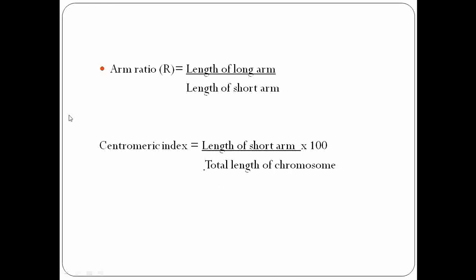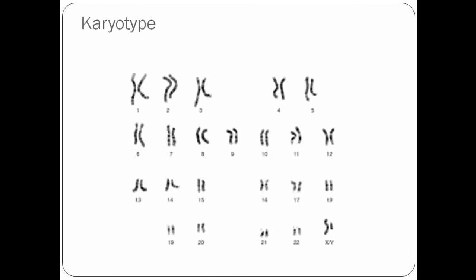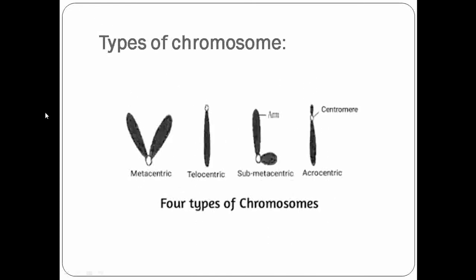So after calculating the centromeric index, you will get an idea about which type of chromosome it is. Now see, which type of chromosome it is means what? See that there are 4 types of chromosome depending upon the attachment of the centromere to the sister chromatids.